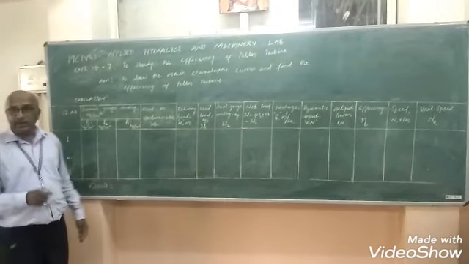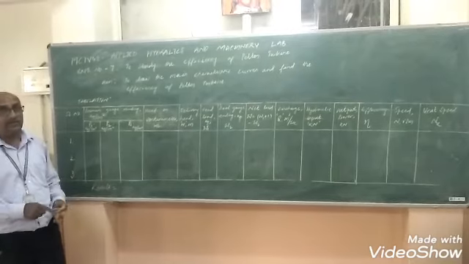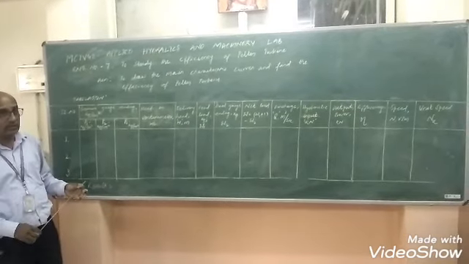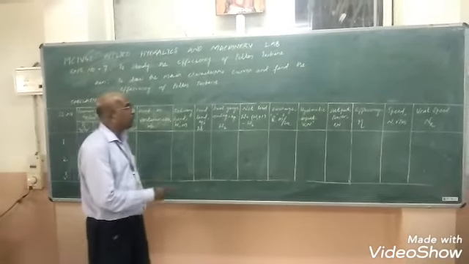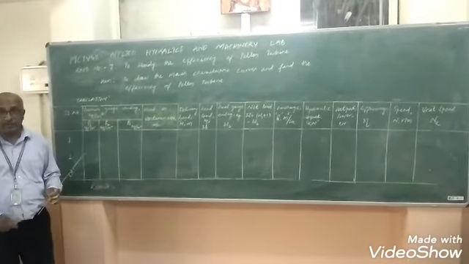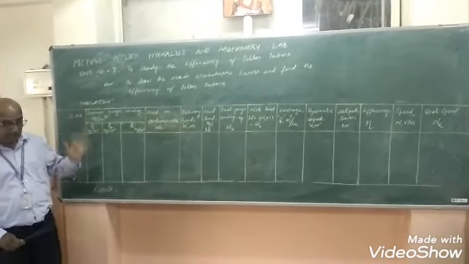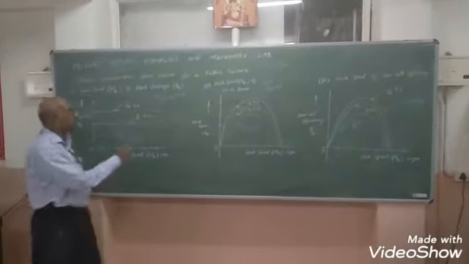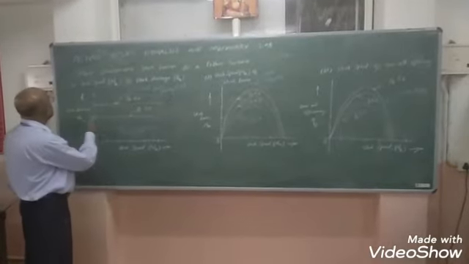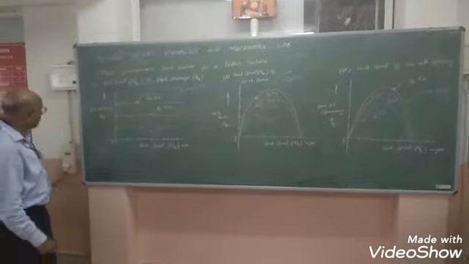The Pelton turbine is an example of a tangential flow impulse turbine, and it is also sometimes called a high head turbine. Head available at the inlet of the turbine is high. In that case, for the Pelton turbine, these are the characteristic curves we have.